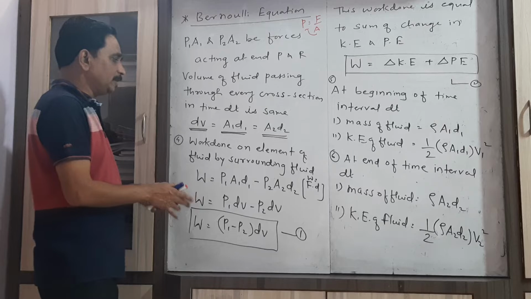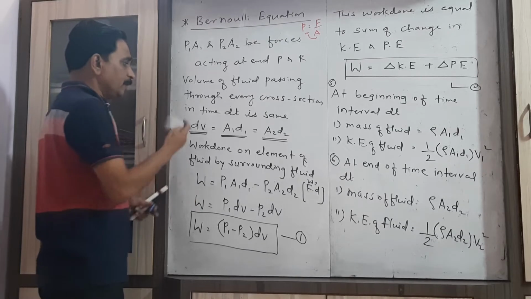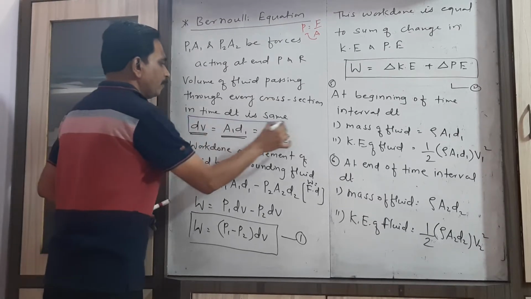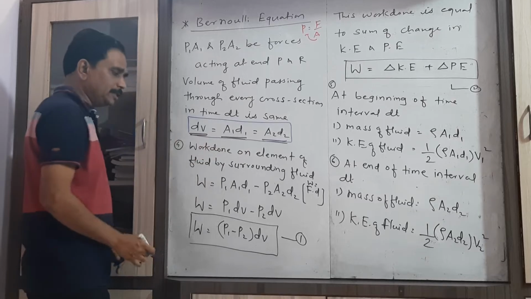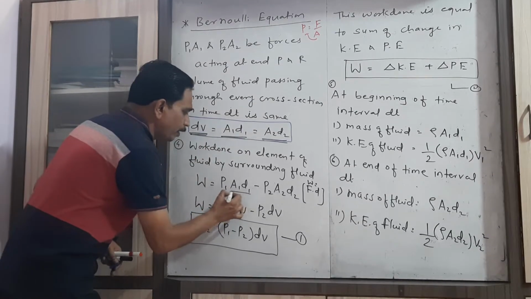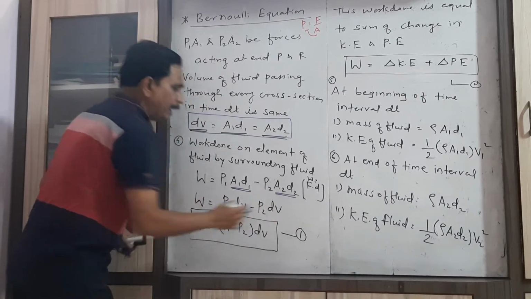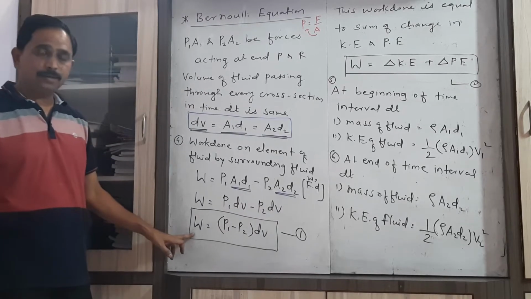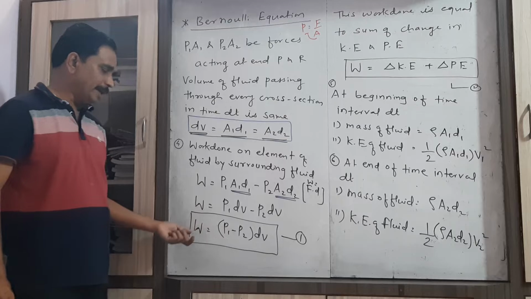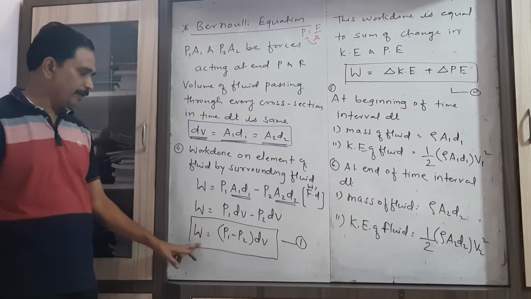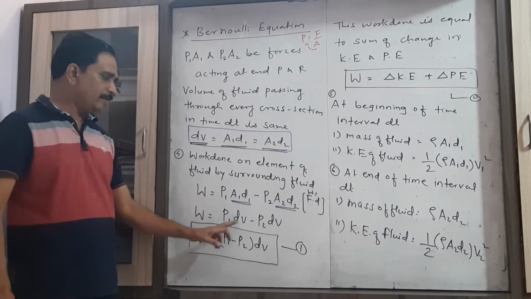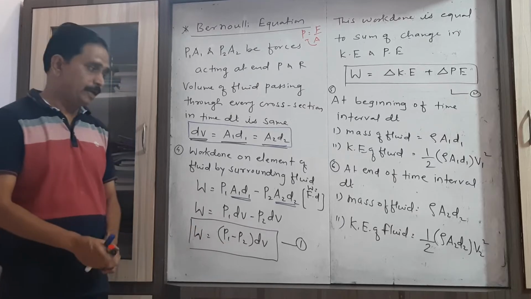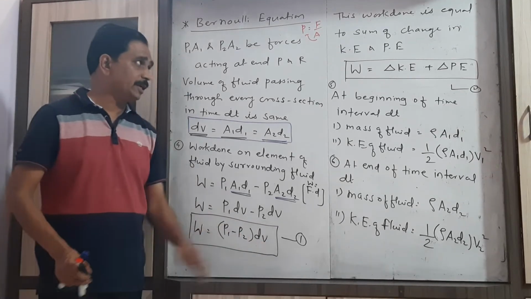Now we just consider that the volume of the fluid flowing at every cross section is the same. That's why I put the value of A1 d1 and A2 d2 as dV. So work done on that element by the surrounding fluid is given by P1 minus P2 into dV. This is our first equation.